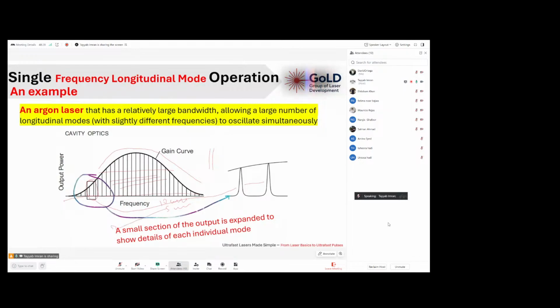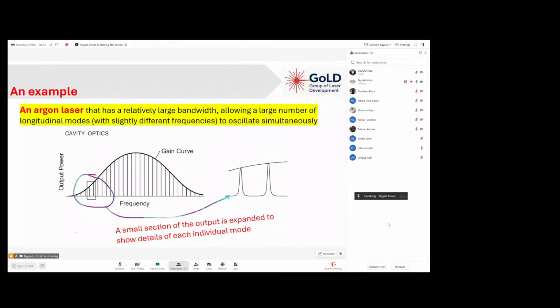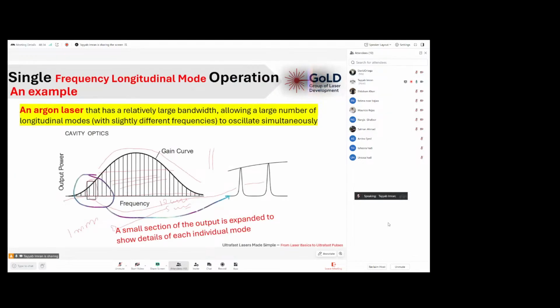If we reduce this by using the etalon, let's suppose we have 1 millimeter. It means definitely not all the modes will pass through this etalon, but only a few modes will pass through, and whichever interfere constructively will be at the output of the cavity.